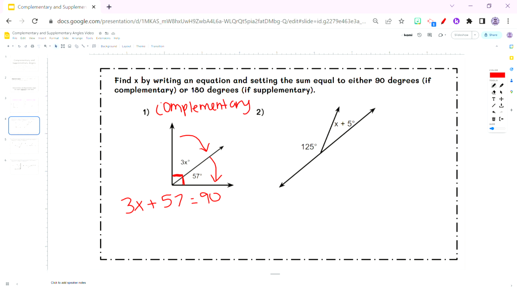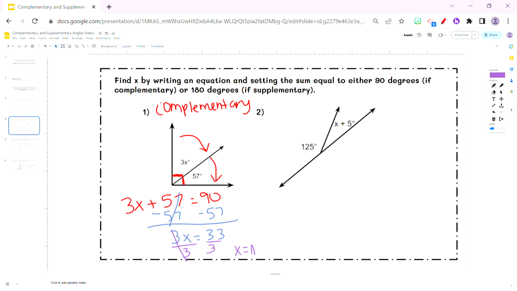All right, so we know how to solve this equation, right? We are going to subtract 57 on both sides. That leaves us with 3x is equal to 33. And then we are going to divide each side by 3, and we get x is equal to 11.